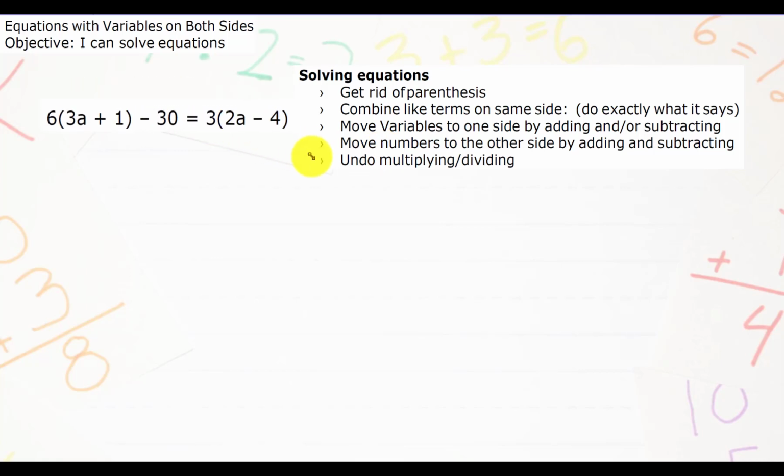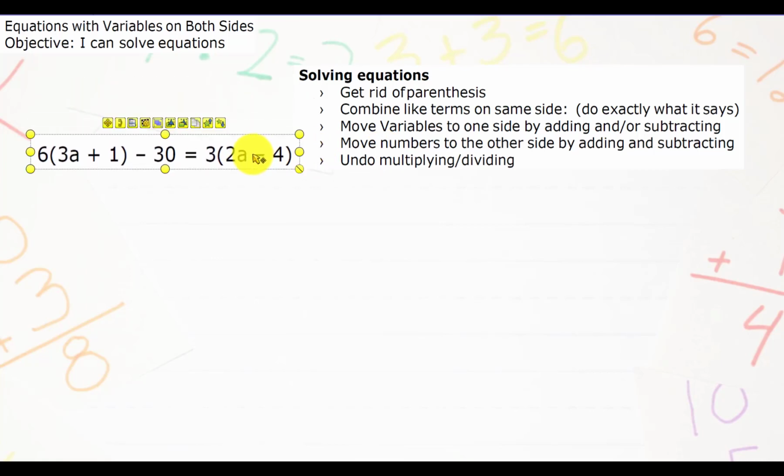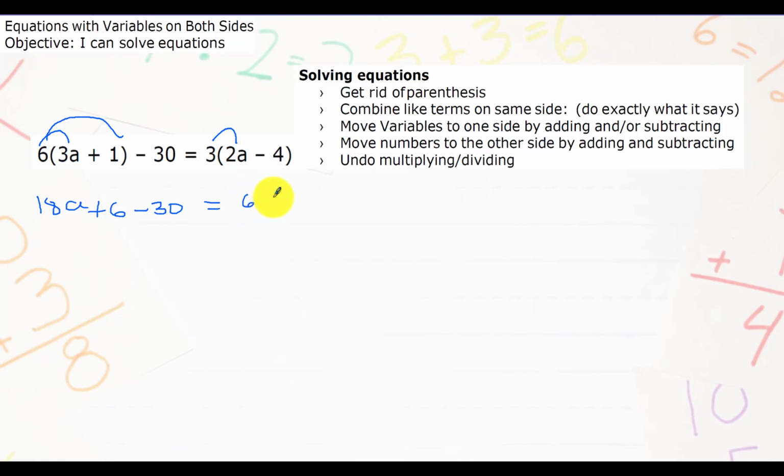So note that we have a parenthesis on the left side of the equation. So distribute 6 to your 3a, you'll get 18a. 6 times 1 is plus 6. Bring down your minus 30. Distribute, you'll get 6a minus 12.